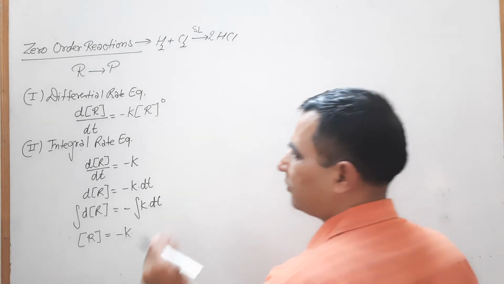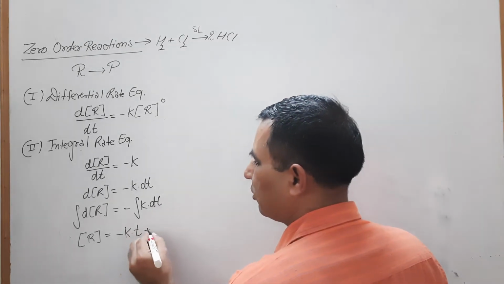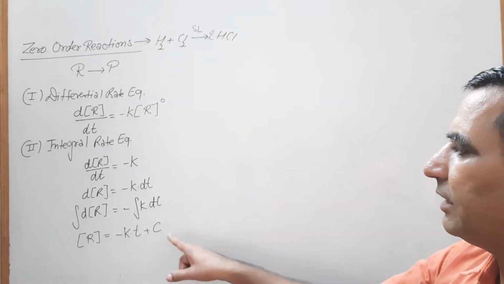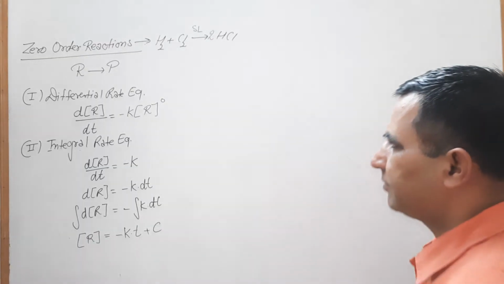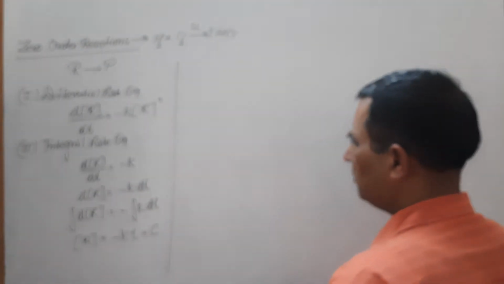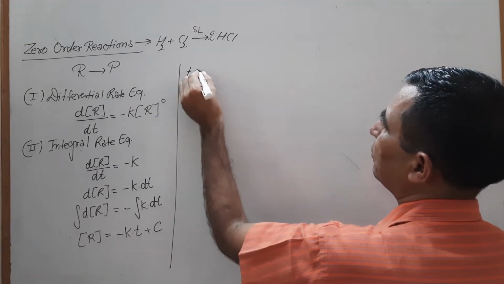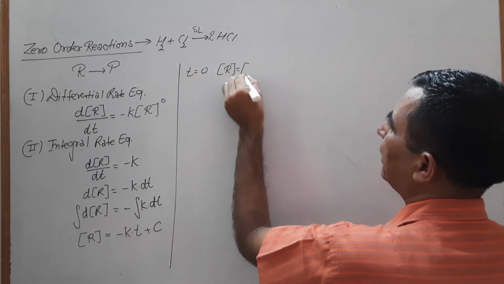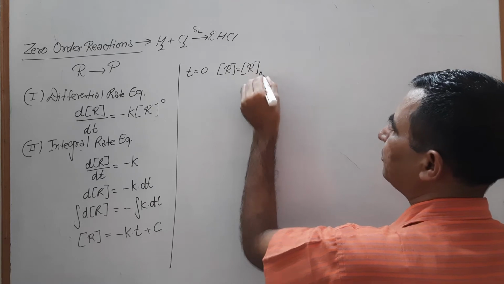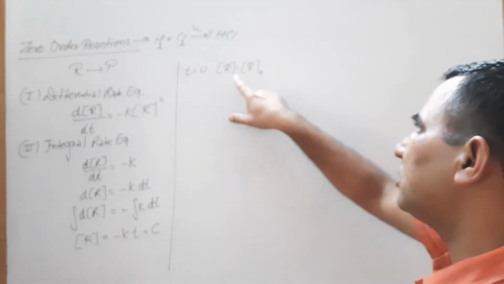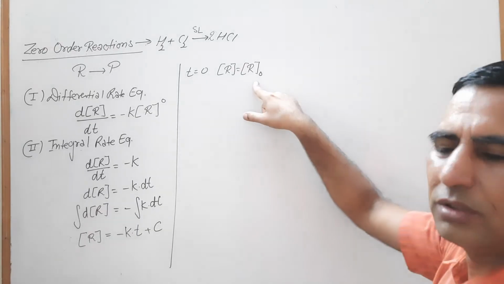The integration of dt is t, and a constant comes there, known as C, the integral constant. First we find the value of C. Let at time t equals 0, the concentration of the reactant R equals R0.